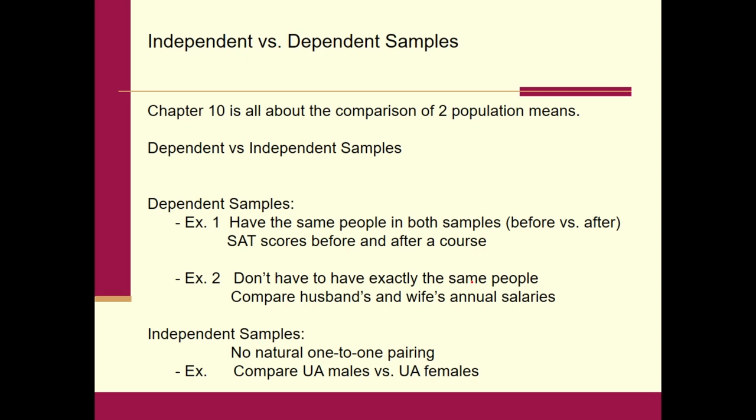Okay, let's say that you're a male. Is there a very specific female that you can be compared to, and only can be, and that comparison is only good versus that female, and vice versa? Let's say that you're a University of Akron female, is there only one male that you can be compared to? I mean, it doesn't make any sense. There's no natural pairing that's happening.